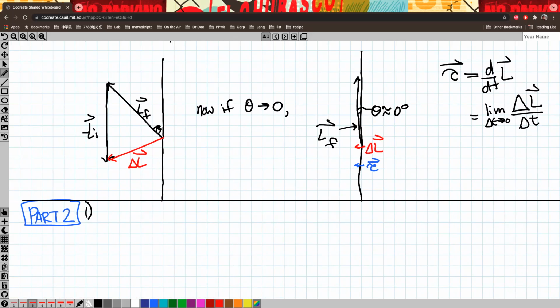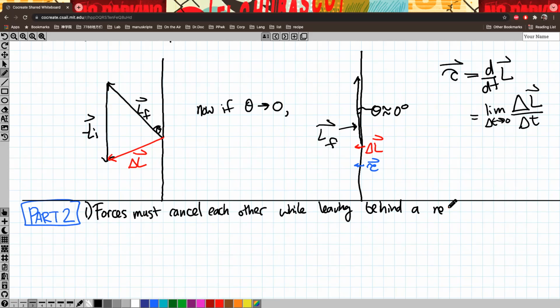Well, it wants us to get to a 180-degree rotation. And I guess it doesn't want us to go any further. Yeah, you don't want to go further than 180.